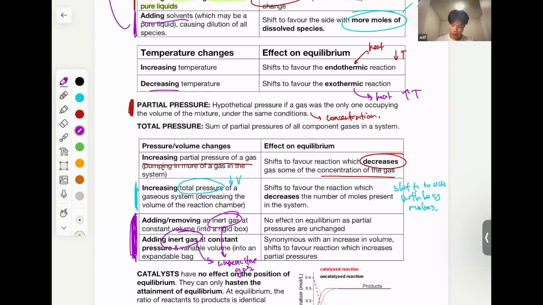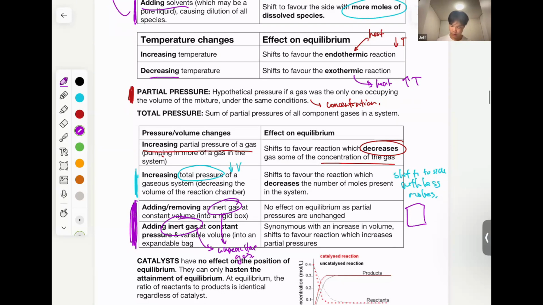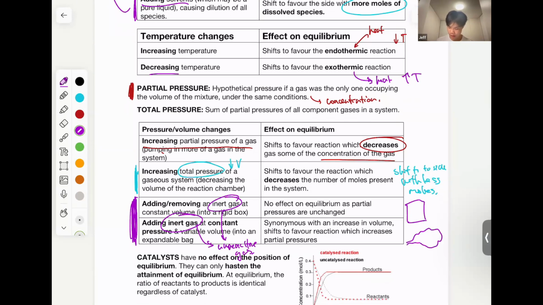If you add this into a box that does not deform, there will be no effect on equilibrium. And if you add it into a bag, which expands when you add that gas in, this is the same as saying you increase the volume of the system. And that will then shift towards the side to increase pressure back up.